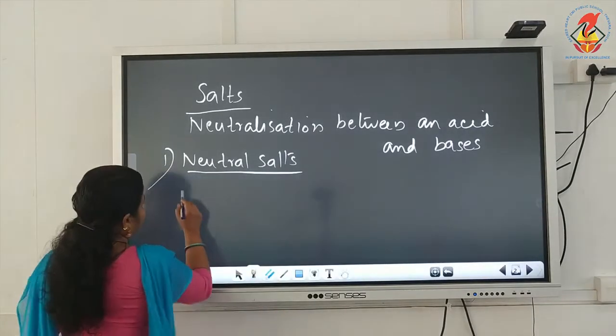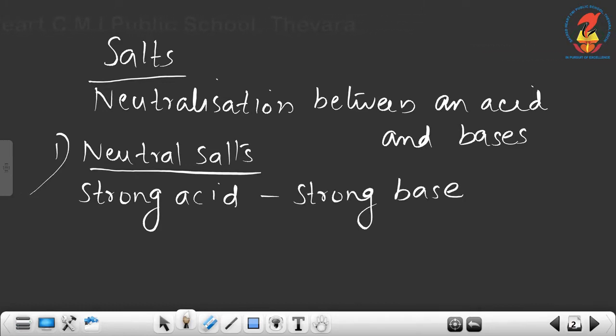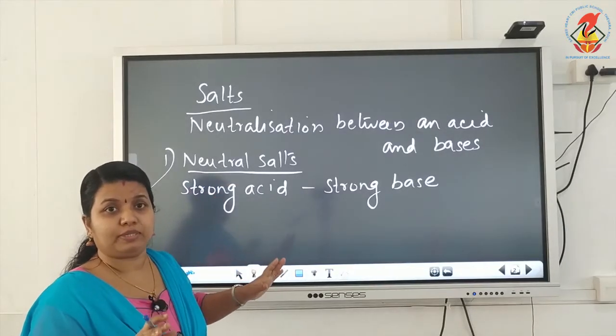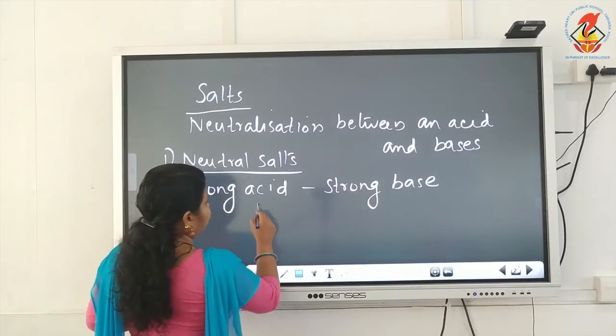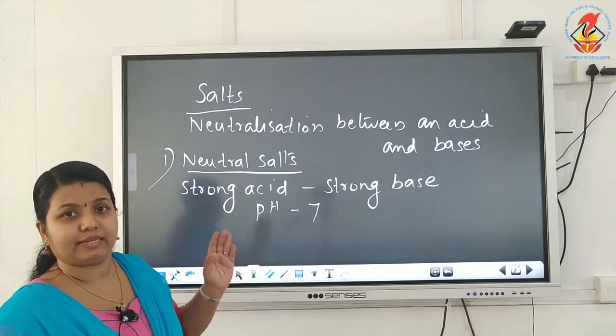Neutral salts are formed by the neutralization reaction between a strong acid and a strong base. Both acid and base taken are strong. When they undergo neutralization reaction, the nature of the salt formed will be neutral. Both are equally strong, so the salt formed is neutral in nature and its pH is exactly 7.